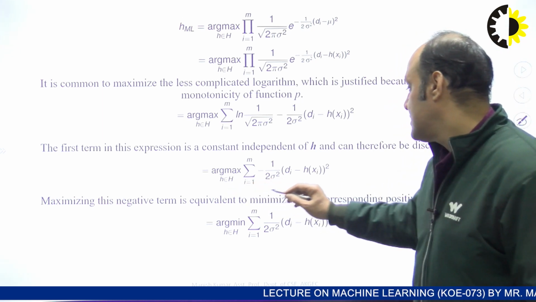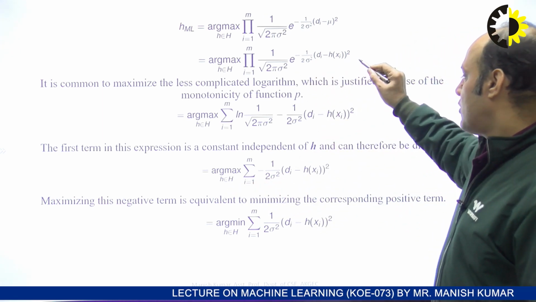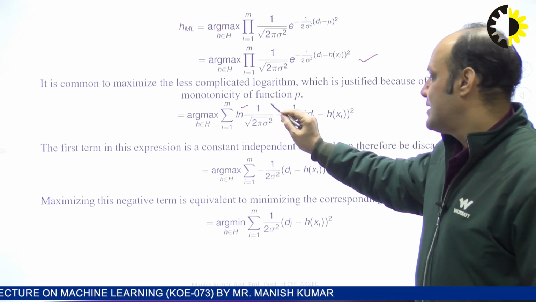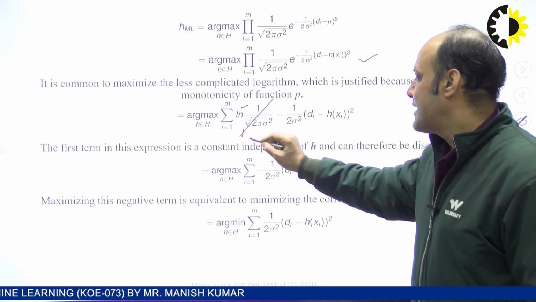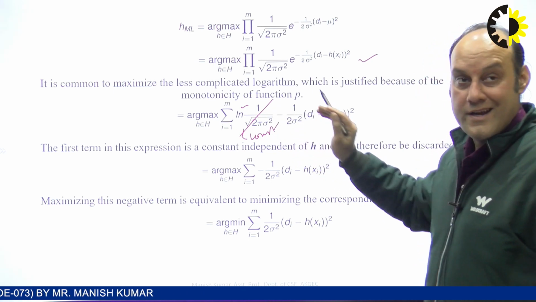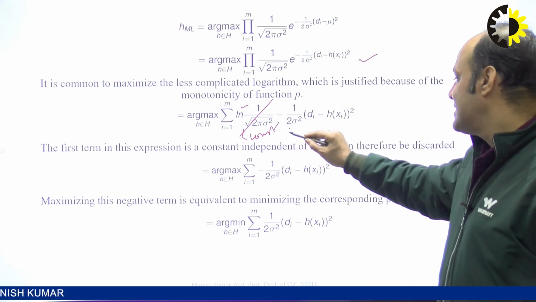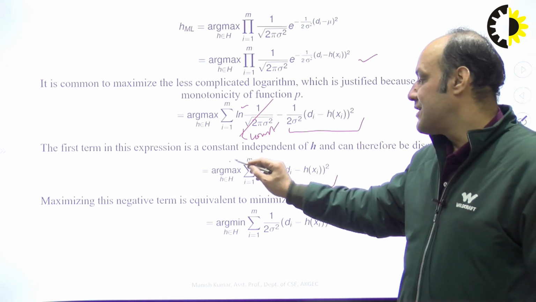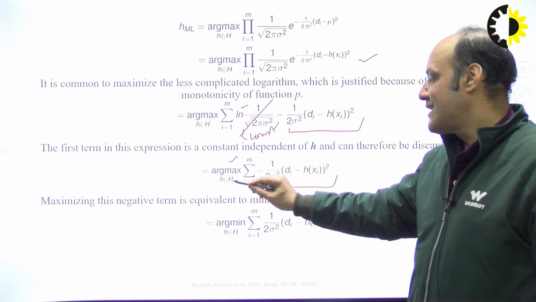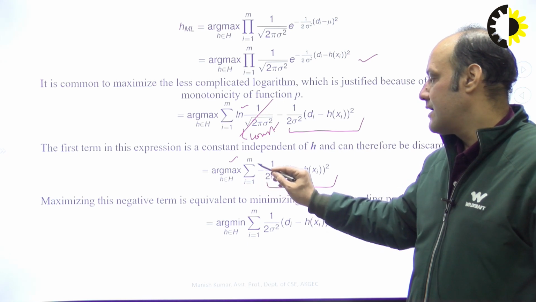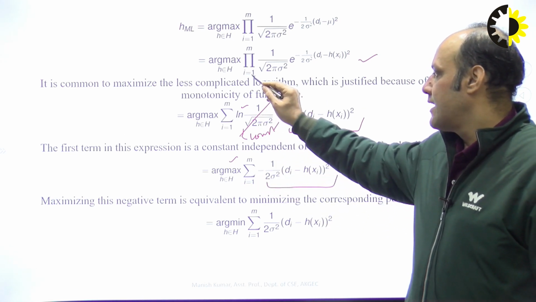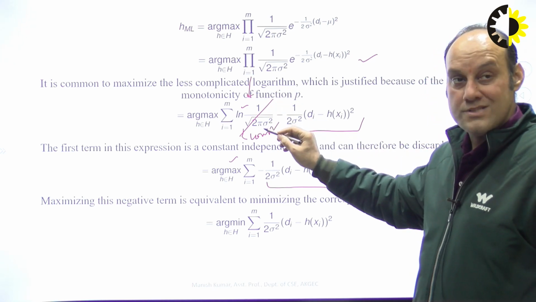For solving this we have taken the log, ln. So this term will be considered a constant, so we have neglected it, and only this remains. Here it is written as arg max h. We have converted this by taking the log of both sides, and transformed it into this.